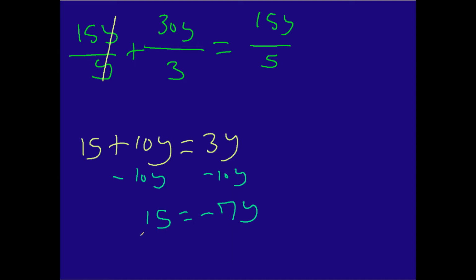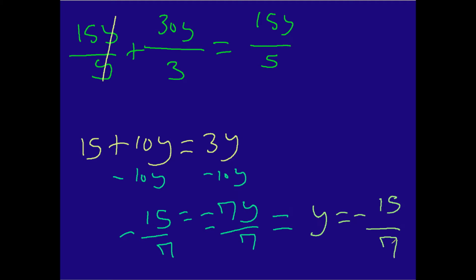Then we divide both sides by negative 7. Over here we get our answer, and that answer is y equals negative 15 over 7. And we're essentially done at this point.